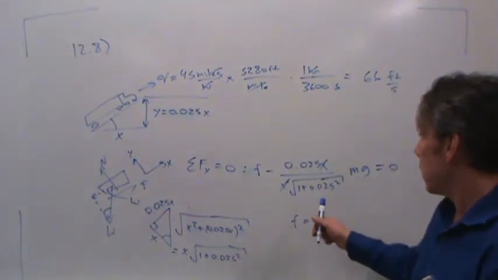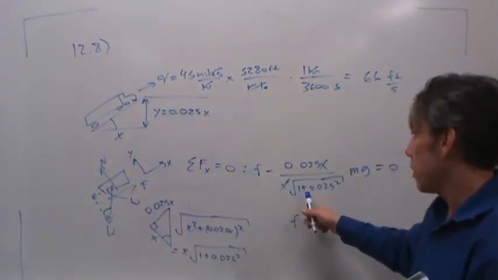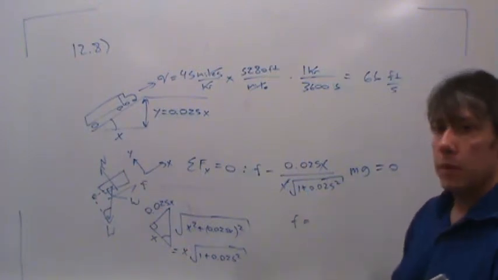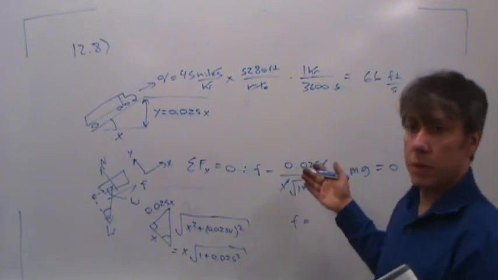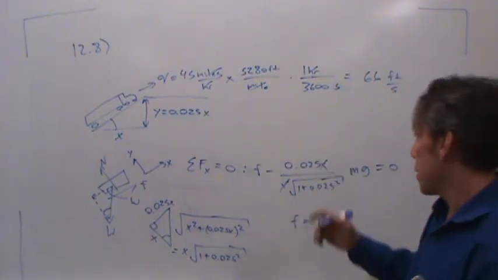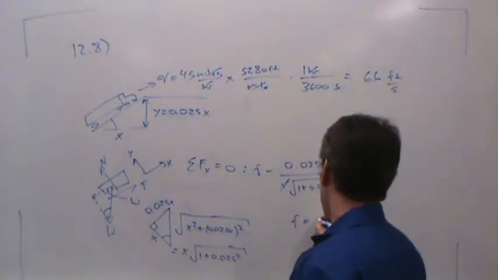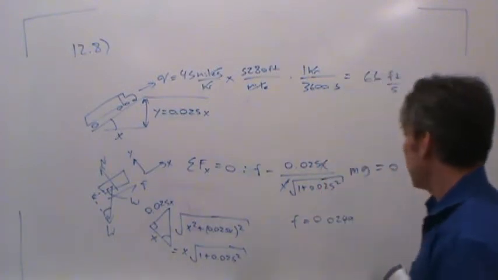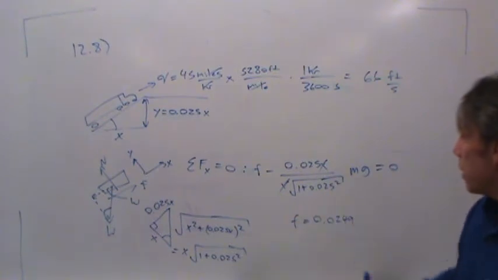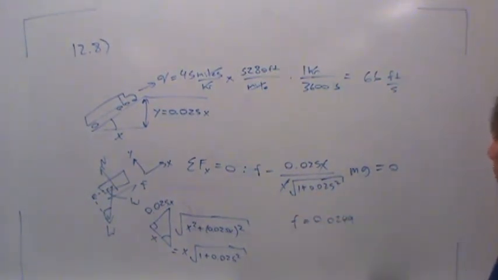That's what I got too. You have to take 1 divided by 1.00031. So it rounds off to 0.025 is what you're saying? I see. Okay. 0.0249. Okay, thanks. Yeah, I expected it to be close, because this really doesn't add much to 1.